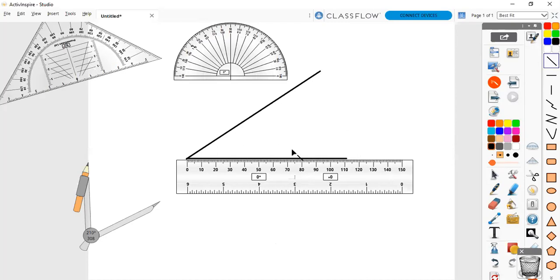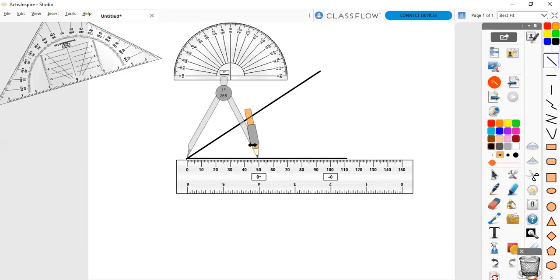So now what will I do? For that I will use this compass, and I will use any radius. I will fix any radius of my choice. I keep the zero over here, and for example, I choose the radius of 50.